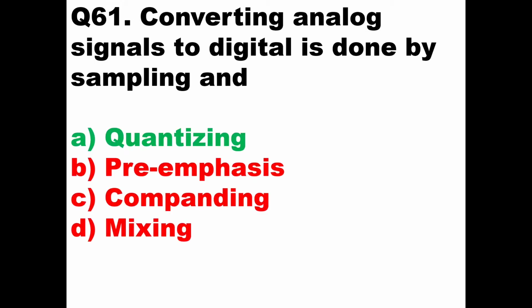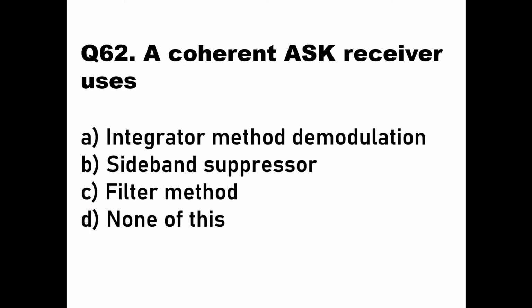Then we'll go to the next question, question number 62. A coherent ASK receiver uses. Now we know that in ASK receiver we have coherent and non-coherent. Whenever it is coherent, a local oscillator frequency synchronized with the transmitter is used, and whenever it is non-coherent, that frequency is not used.